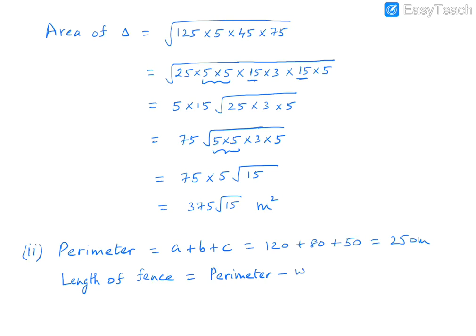Okay, because the gate part we are not going to fence, so minus the width of the gate. So that becomes the perimeter is 250 minus the width of the gate is given to us as 3 meters. So that becomes 247 meters. So we have got the length of the fence as 247 meters.